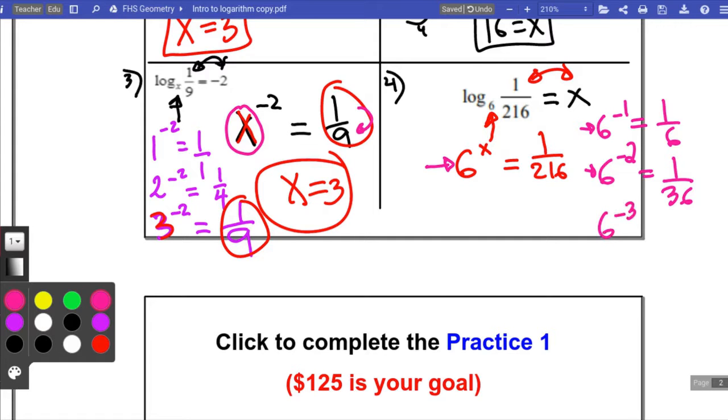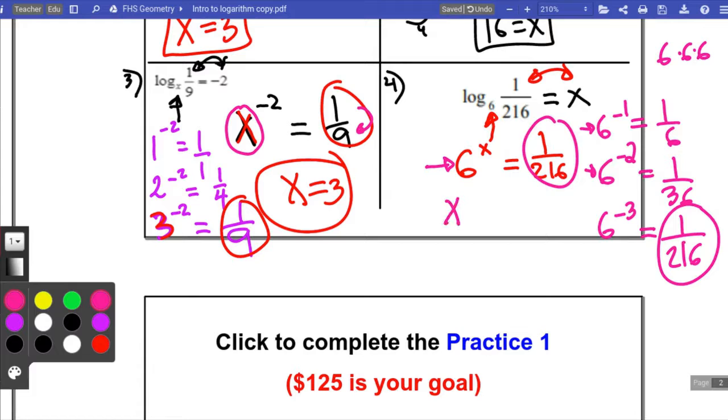Raised to the -3, what is 6 times 6 times 6? Hey, 216. There we go. That's what I have. So the value of x here is -3. That's it. All right, just like that, we're done. Next practice is on you.